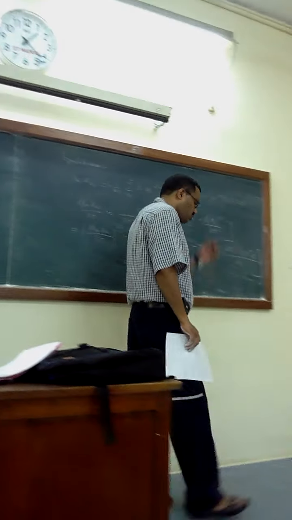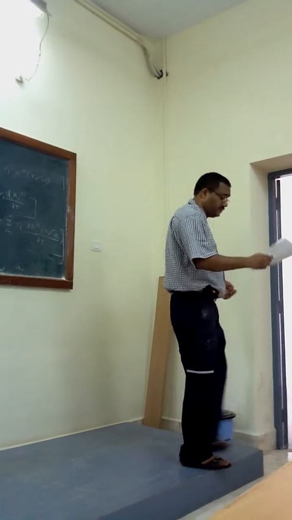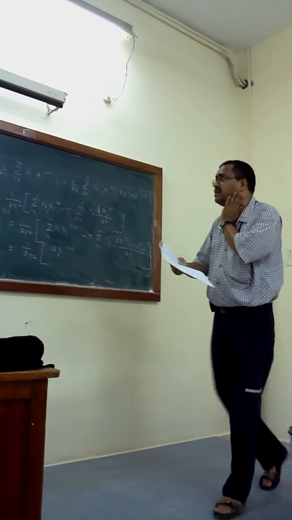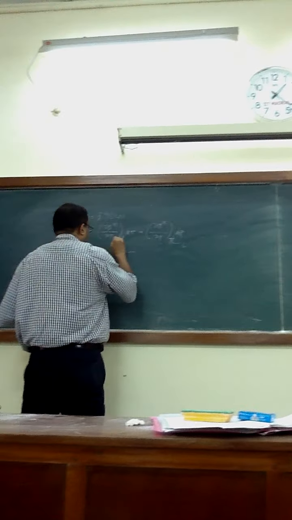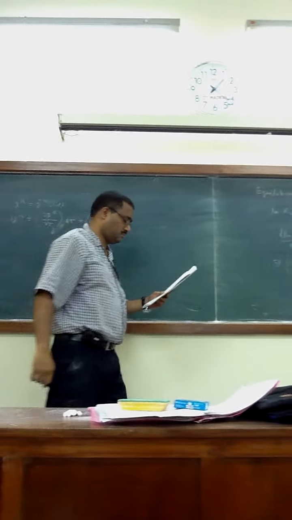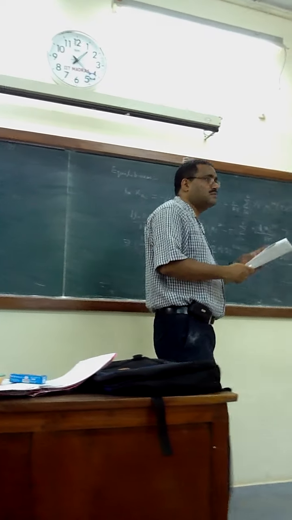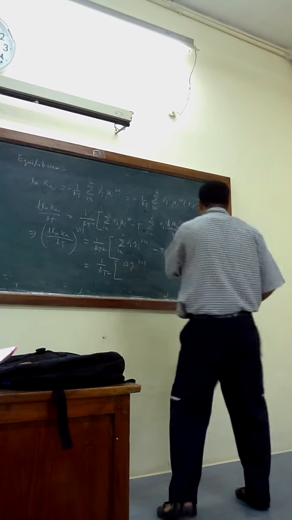Dou G Ig by dou T at fixed pressure, with dP equal to 0. What will you get? Minus S.